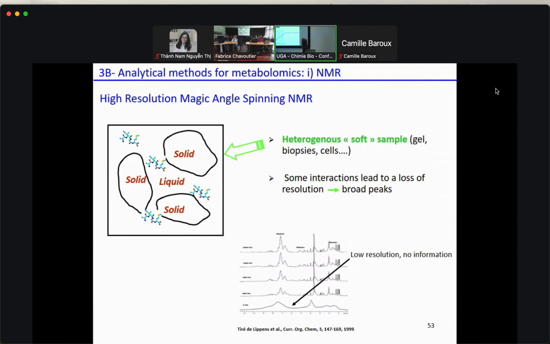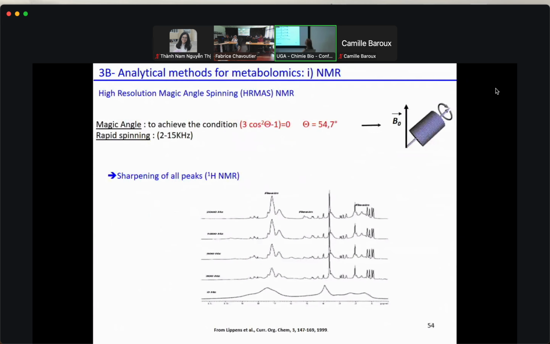There are equations for that, but it's not necessary to show you these equations. And people have discovered that all these interactions are proportional to this factor, 3 cos square theta minus 1.